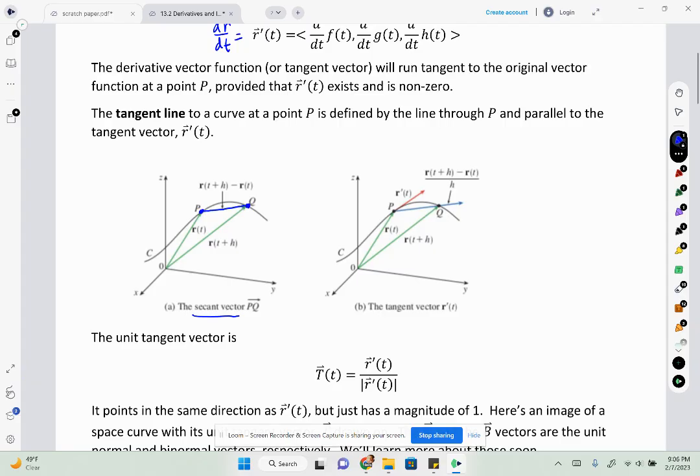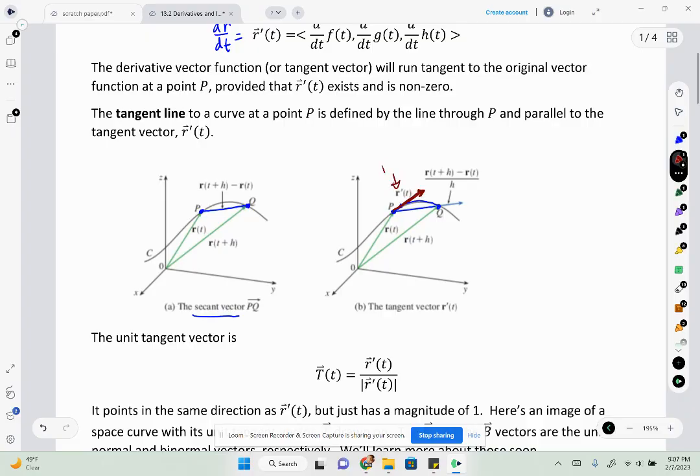Now, if we were to divide that by h and then take a limit, looking at the picture on the right, we can imagine Q traveling along the curve and getting closer and closer to P until we get what we call the tangent line, or the tangent vector in this case.